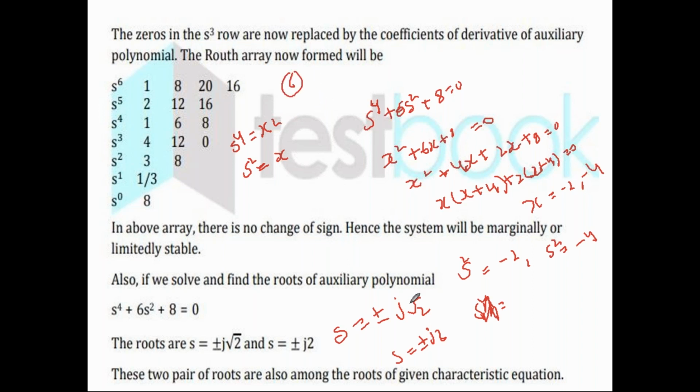బట్ we know that 4 roots and the remaining two roots మనకు తెలియదు. So these 2 roots should be in the left half of the S plane. Remaining 4 roots are on the imaginary axis. See, the roots are there. These 2 pairs of roots are also among the roots of the given quadratic equation.